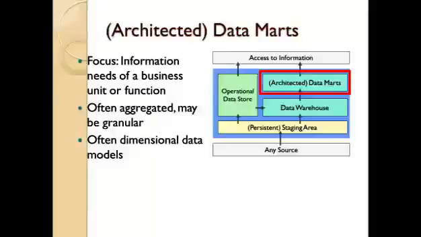Architected data marts means that they have a particular architecture. They are designed specifically to take data from a data warehouse, as opposed to data marts that are not coordinated. By architected we mean that those data marts are carefully designed based on data that is integrated in a data warehouse.